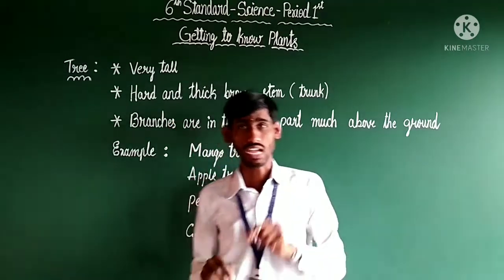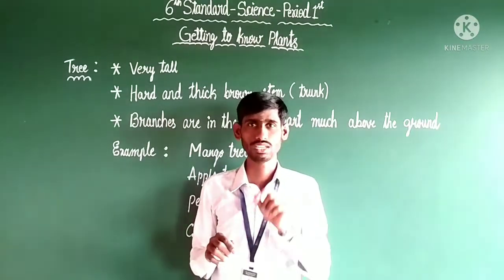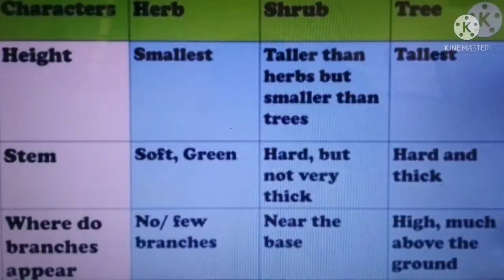Dear children, observe the slide now. In the given slide, you are going to observe the difference between the herb, shrub, and also tree. Just observe the herb. The height of the herb is very short, and see, the height of the shrub, observe the slide very carefully. The height of a shrub is taller than herbs but smaller than trees, isn't it?